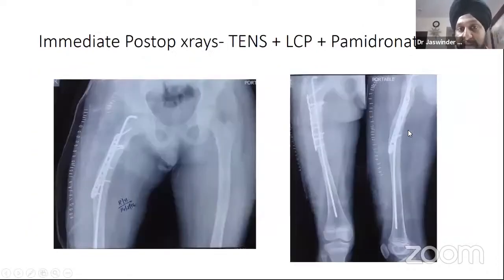So there is an ongoing disease process, and we stabilized it with a Rush nail. Of course, the deformity was not corrected in that setting. We wanted to augment it, so we gave an LCP also. The child was doing well, and of course, pamidronate was also given.